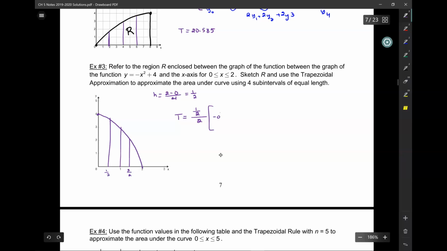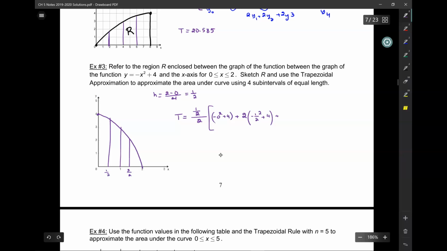So negative 0 squared plus 4. 2 times all the rest. So 2 times negative half squared plus 4. Please get the negative right here, right? So even if you don't have a calculator, this is going to be negative 1/4 plus 4, okay?